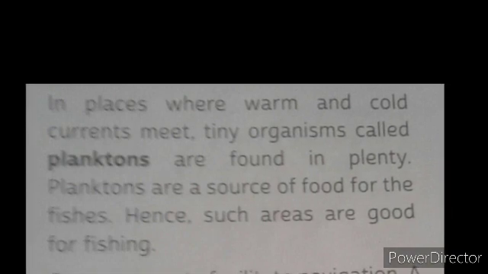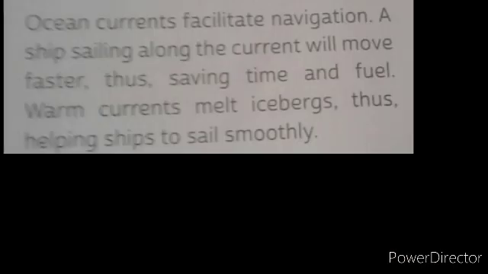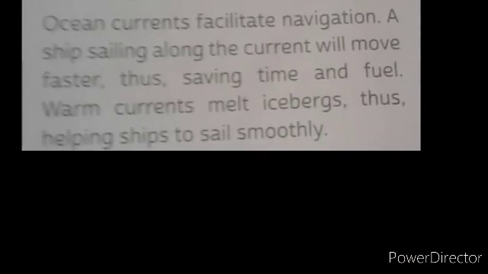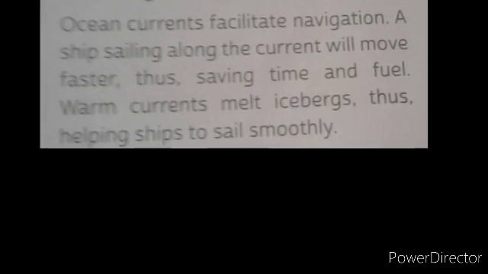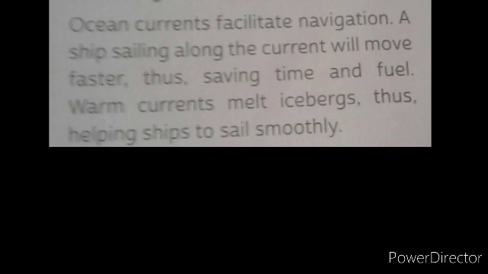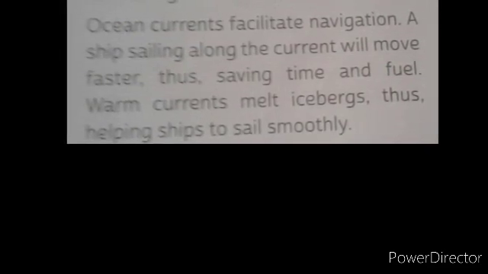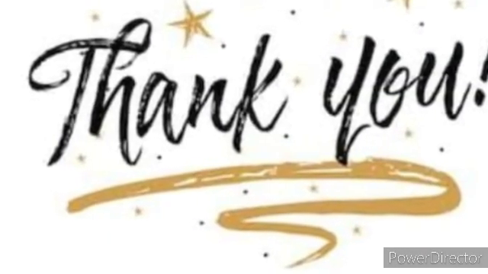Planktons are found in the places where warm and cold currents meet. Ocean currents facilitate navigation. Warm currents melt icebergs, thus it helps ships to sail smoothly in the ocean. Ocean currents also save time and fuel of the ship by moving them faster.